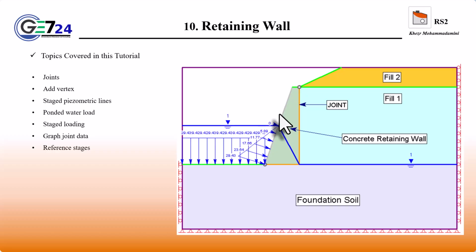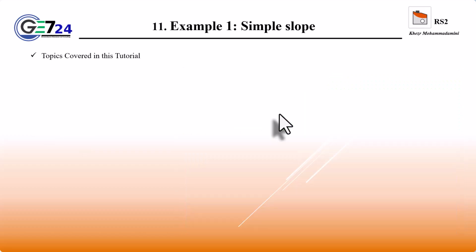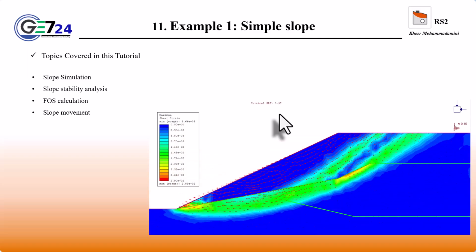So at vertex stage piezometric line, ponded water load at the back of the, it means front of the retaining wall, and pressure related to this ponded water, and stage loading and the graphic joint data, reference stage, and design the retaining wall and output related to this.